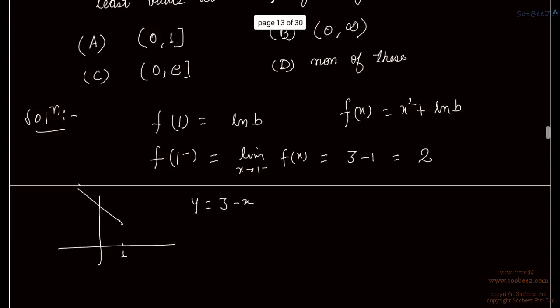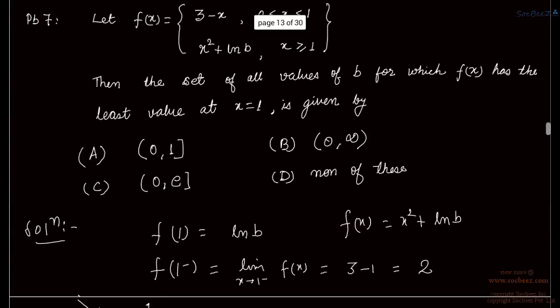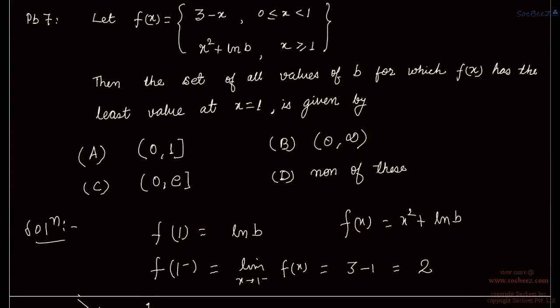So we have a curve x square as something like this. Okay, this is x square. This curve is y is equal to 3 minus x, and this curve is y is equal to x square. Okay. So at x is equal to 1, we have to find the set of values of b for which f(x) has least value at x is equal to 1.